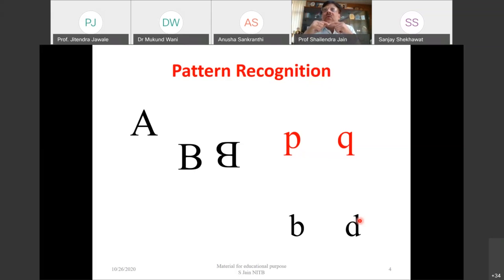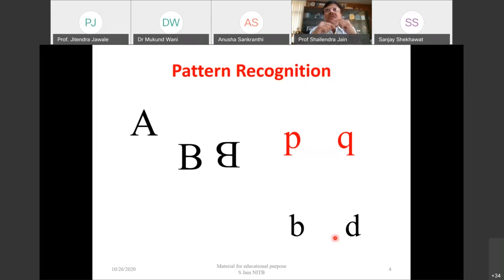So what do we do? We correct them. The teacher corrects, this is P, this is Q, this is B, this is D. And with some more practice, our brain cells are further trained to recognize a particular pattern. So all these are decisions we are taking based on some information and some intelligence involved.